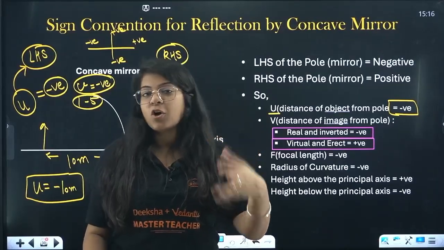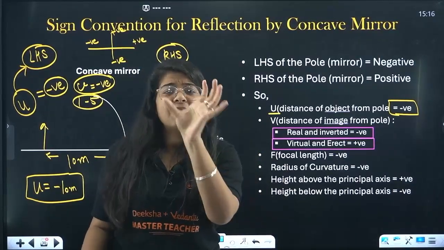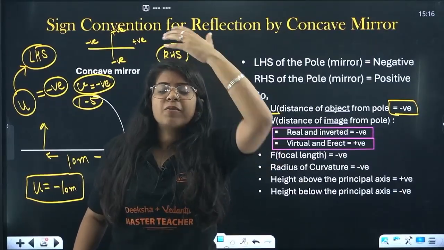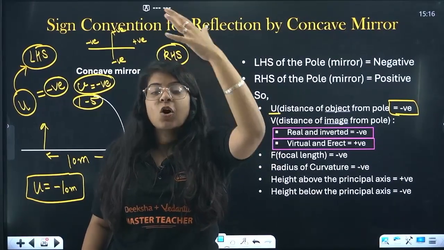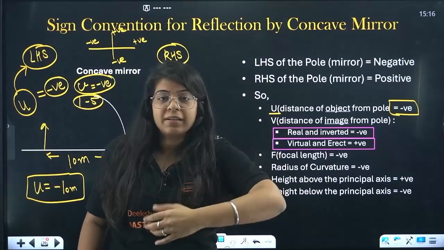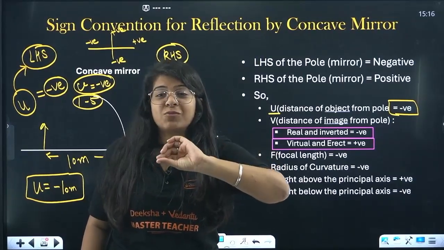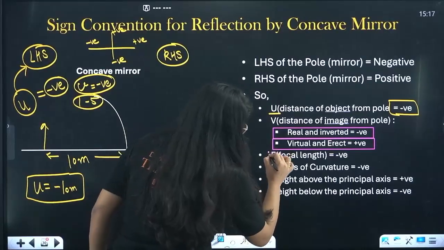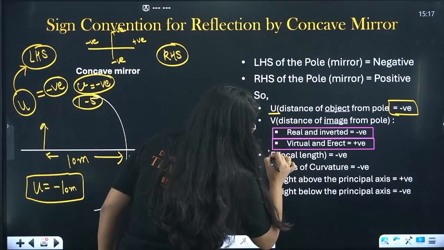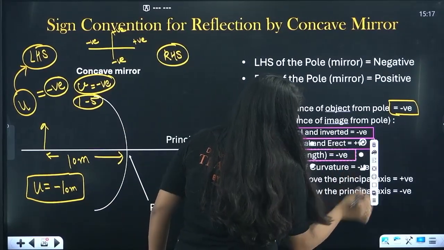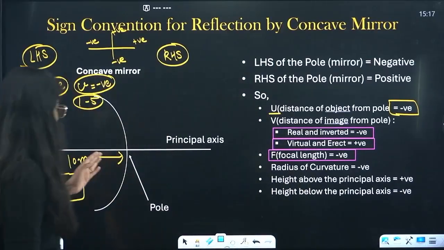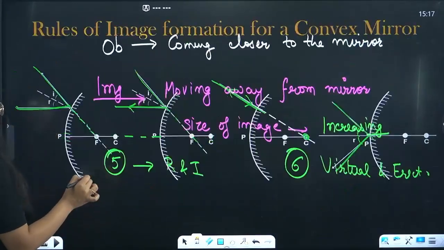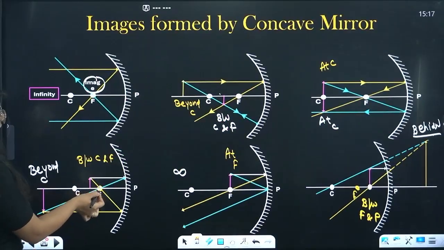Now one thing you have to engrave in your mind, body, soul for concave mirror. Even when you talk about lenses also, whenever you hear the word concave, the first thing you have to remember is focal length, negative. Concave, focal length, negative. I will tell you a trick to remember this in a second. So for concave mirror, the focal length is negative because the focal length is on the left hand side.